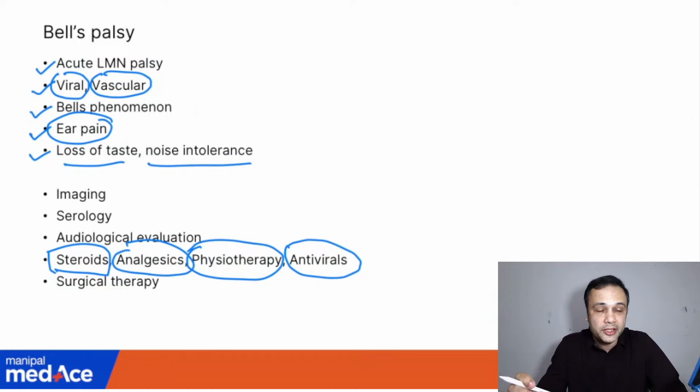If there is worsening facial nerve degeneration, you can always go ahead and do surgical therapy in the form of facial nerve decompression. But the treatment of choice always in cases of Bell's palsy, the first line of management, is steroids along with antivirals. If there's a mismatch of options, steroids is the single best choice.